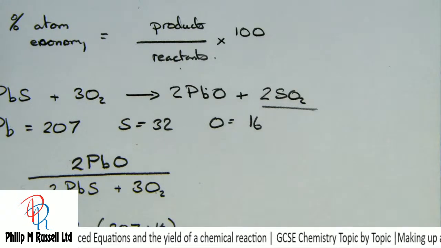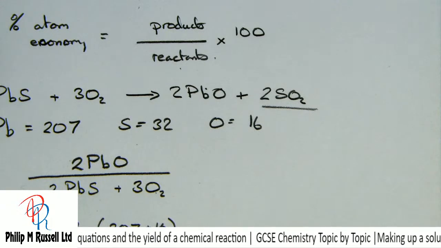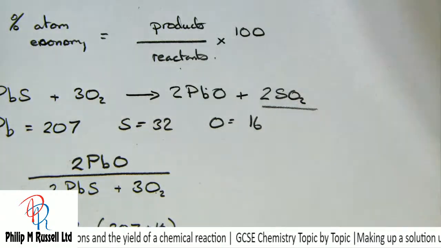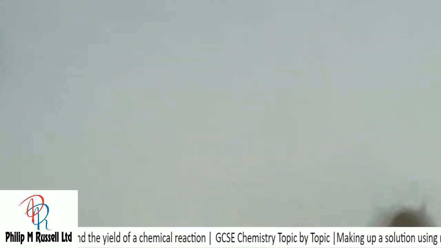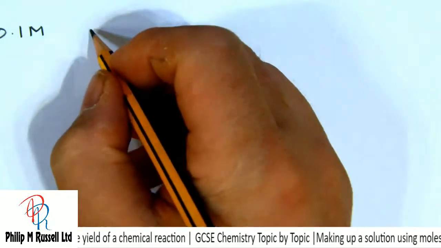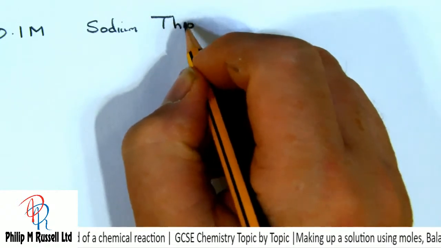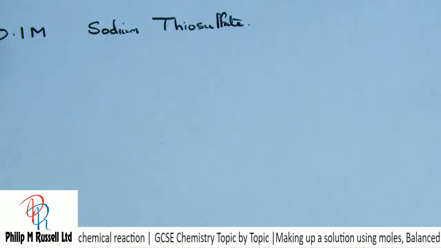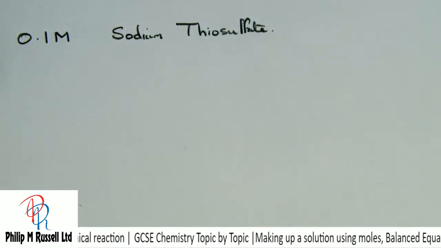My final thing I want to have a look at is I'm running out of sodium thiosulfate, and this is a little bit of a problem for me because I need a 0.1 molar solution of sodium thiosulfate. Where do we start? Well, I need to know my formula of sodium thiosulfate.